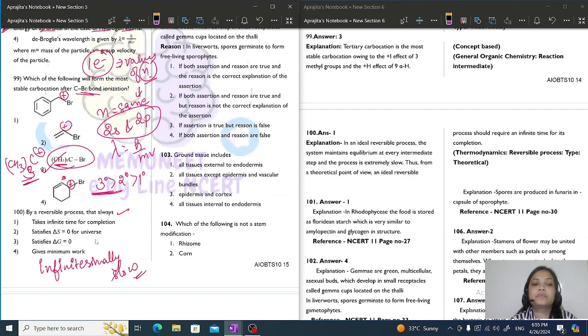So the system actually maintains equilibrium at every step. If it is taking infinitesimally slow steps and it is a reversible process, we can say that this process will take infinite time for completion. So that is going to be the answer. The answer is option number 1.